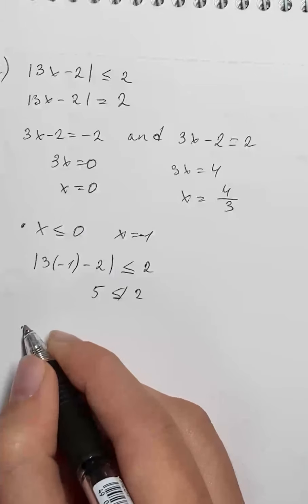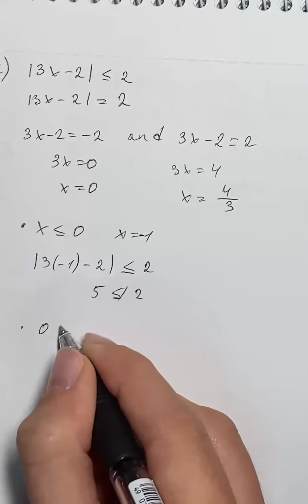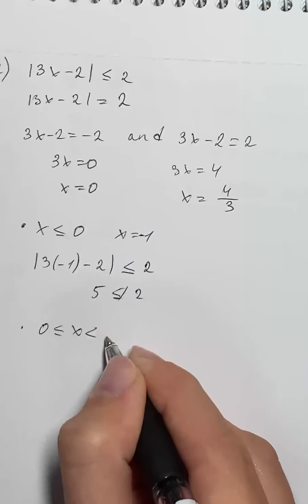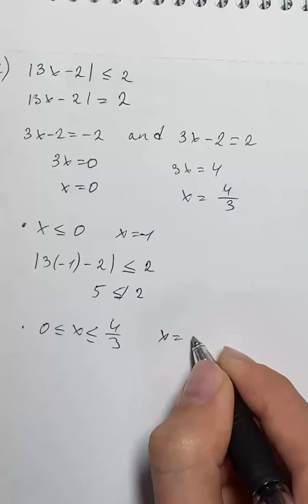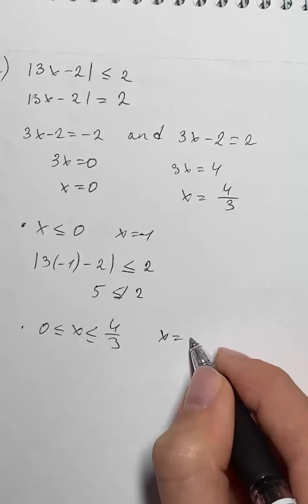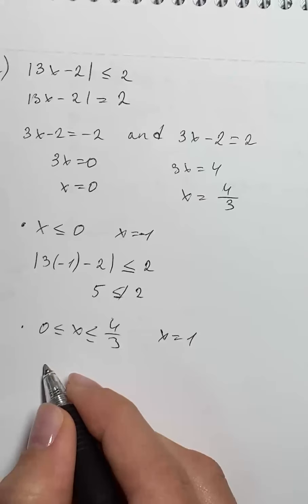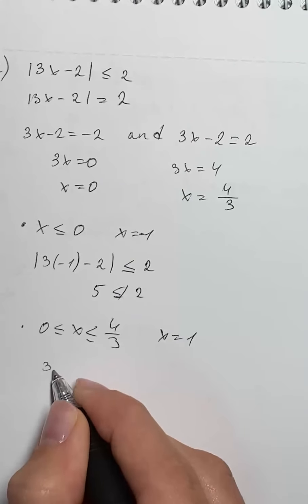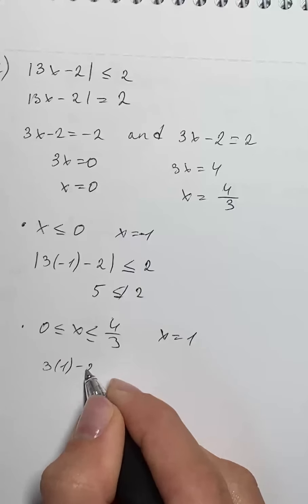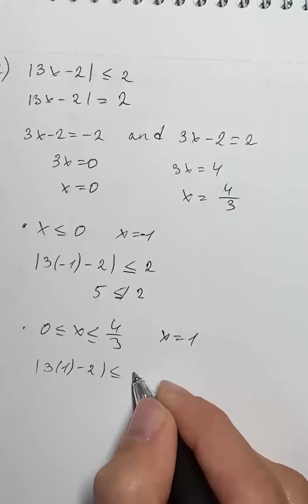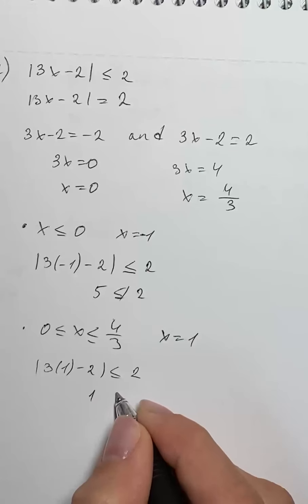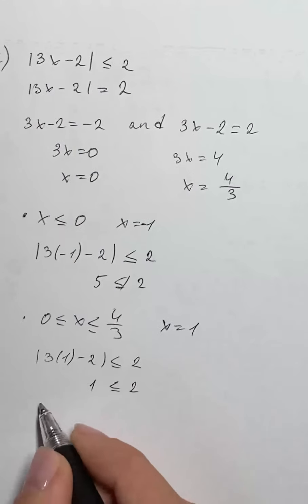The next region is x is greater than 0 and less than 4 over 3. So the test point is x equals 1, and we have that 3 times 1 minus 2 is less than 2, and we get that 1 is less than 2, so that's our solution.